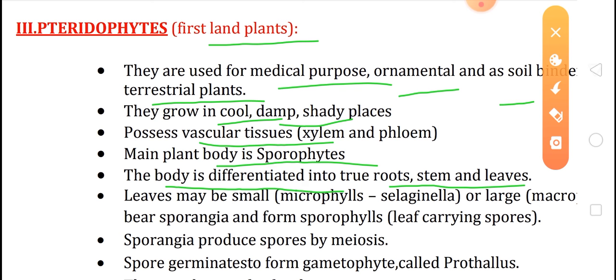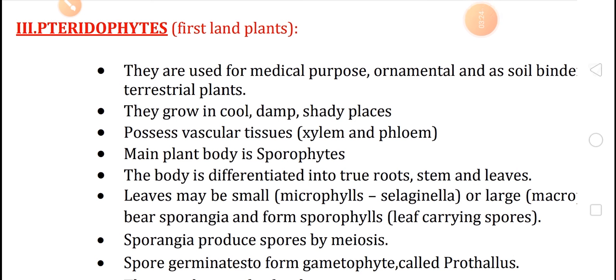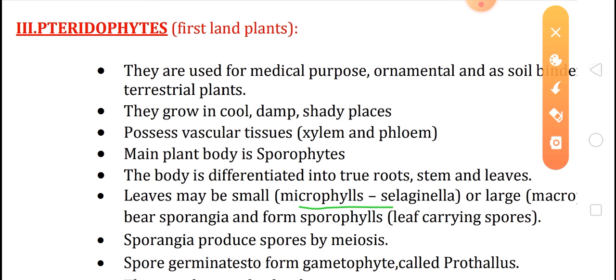The leaves of the plant may be of two types, small and large. If the leaves are small, they are known as microphylls, and when they are large, they are known as macrophylls. The leaves bear sporangia and carry spores.